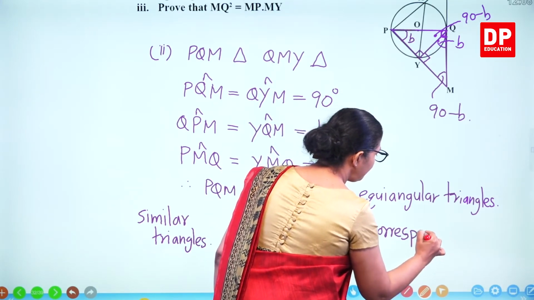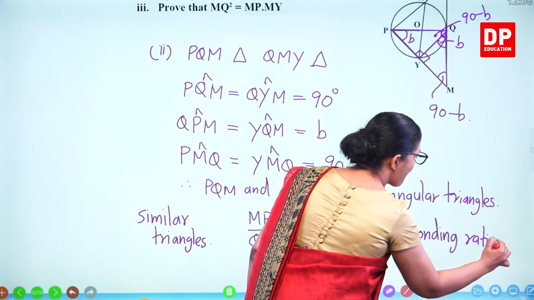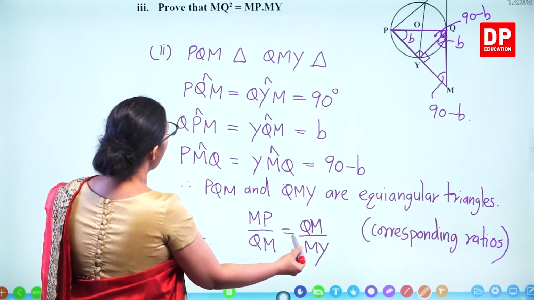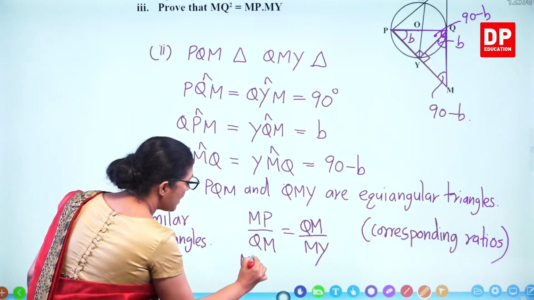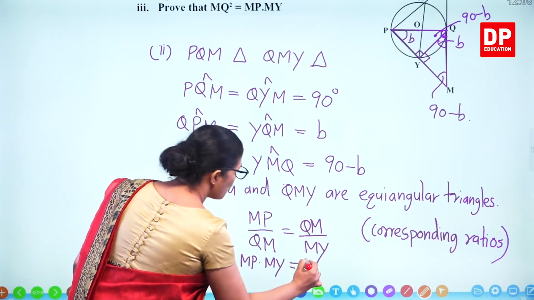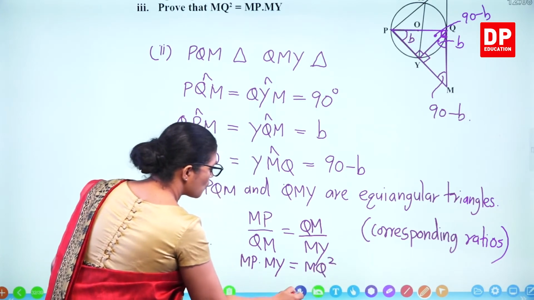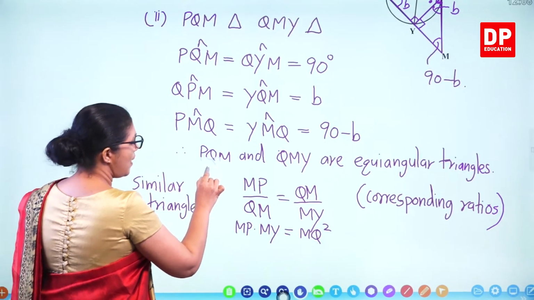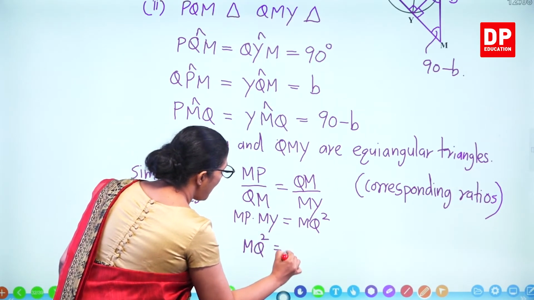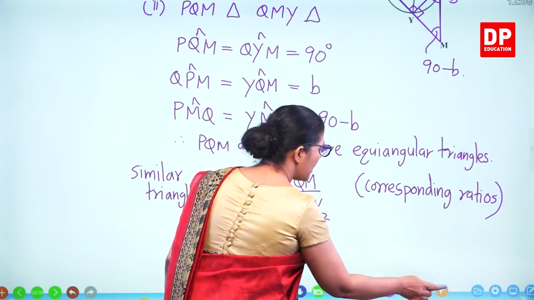So when you take this one, cross multiply, MP into MY is equal to MQ squared or QM squared. MQ squared. So that's what we need to show. So MQ squared is equal to MP times MY. So that's the last part.